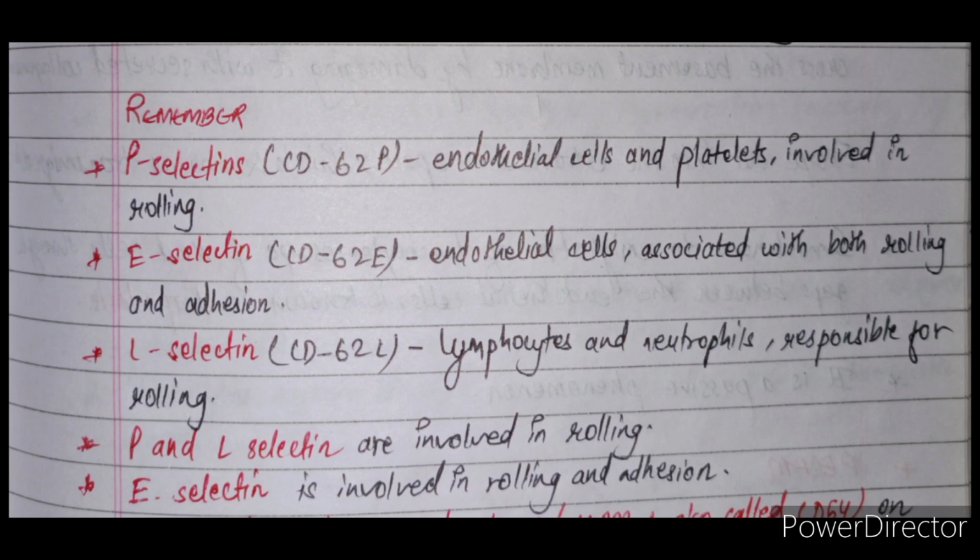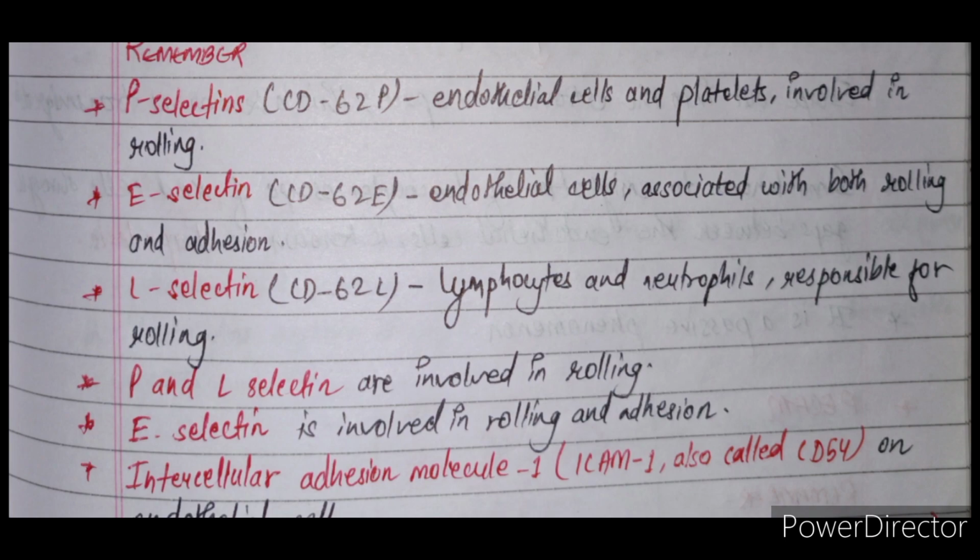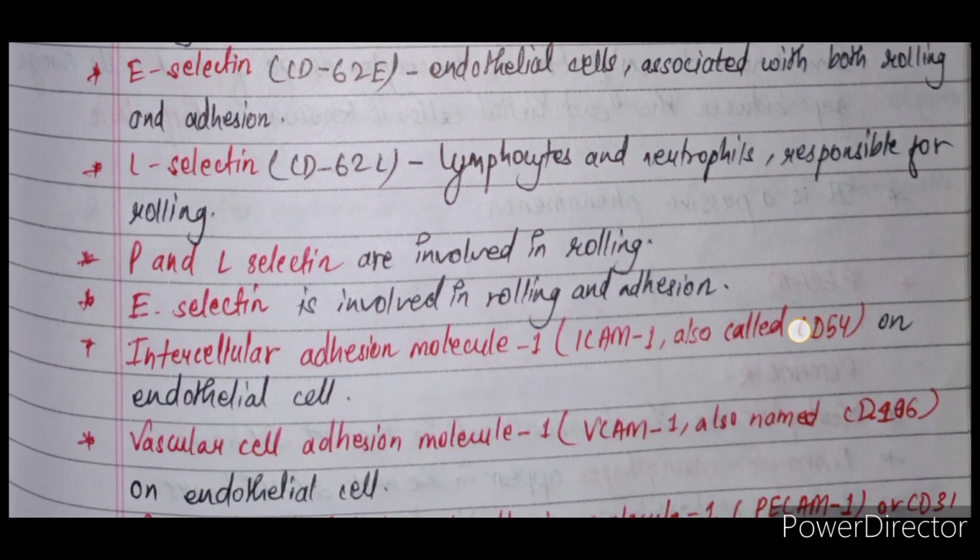L-selectin, also known as CD62L, is present on lymphocytes and neutrophils, which is responsible for rolling. Now P and L-selectin are involved in rolling, whereas E-selectin is involved in both rolling as well as adhesion.